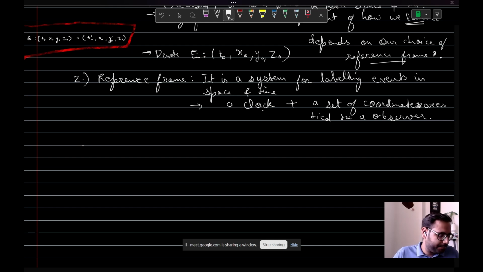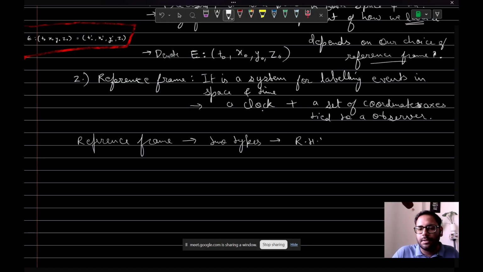a reference frame. Okay, so a reference frame can be of two types. Let me write the full form of it.